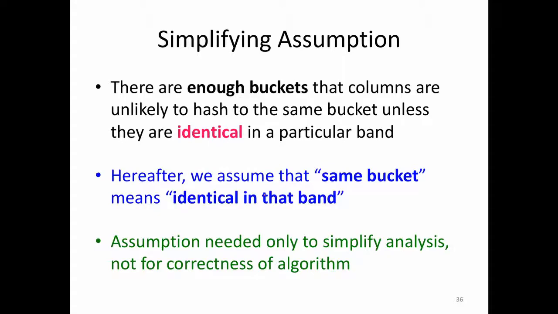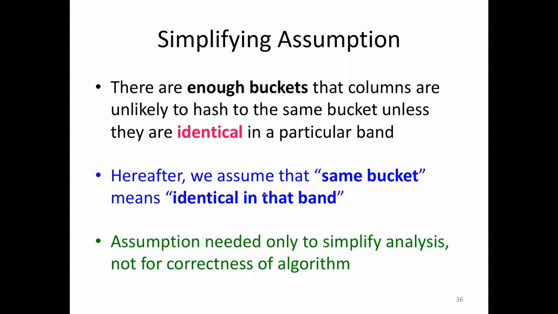We are going to assume that with this banding, the rows within the same band get mapped to the same bucket only if they are identical. This is of course only to simplify the analysis.